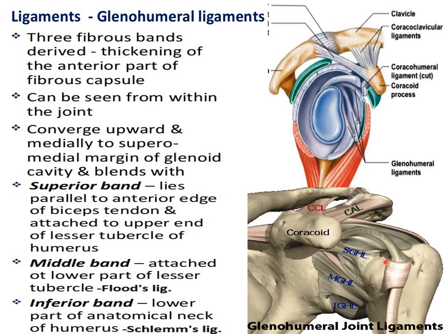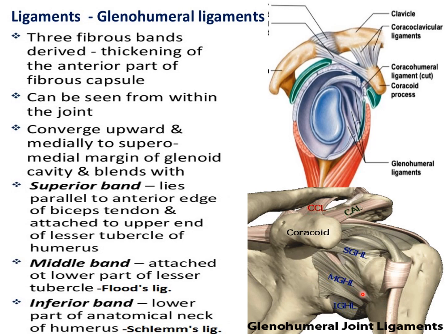This is the lesser tubercle, this is the greater tubercle. The one between the lesser tubercle and the greater tubercle is the bicipital groove or intertubercular sulcus, which lodges the tendon of the long head of biceps. Now the middle band or the middle glenohumeral ligament is attached to the lower part of the lesser tubercle.